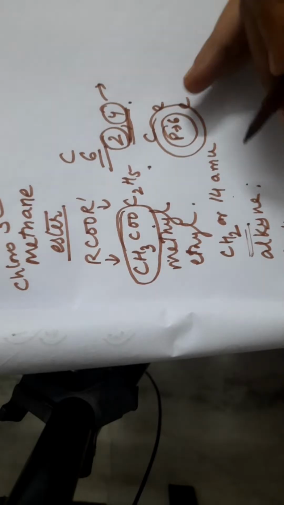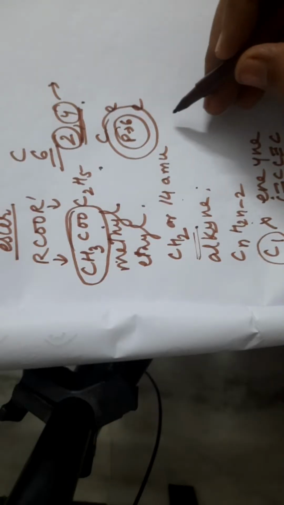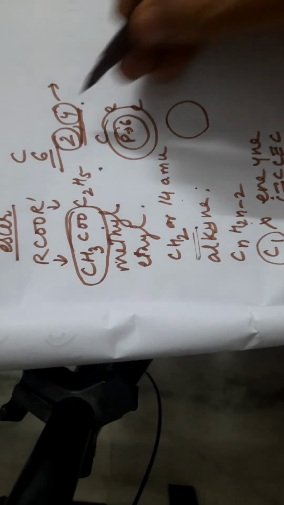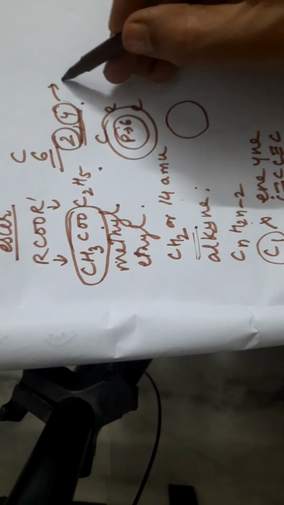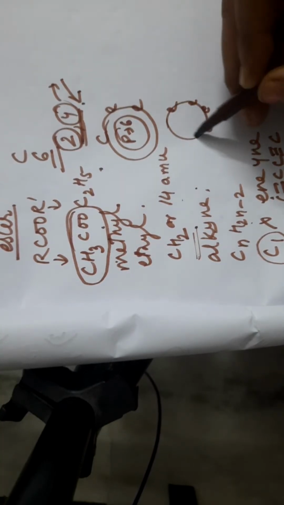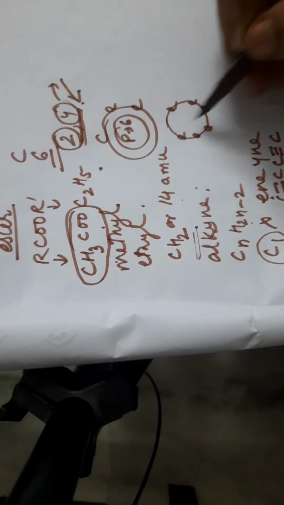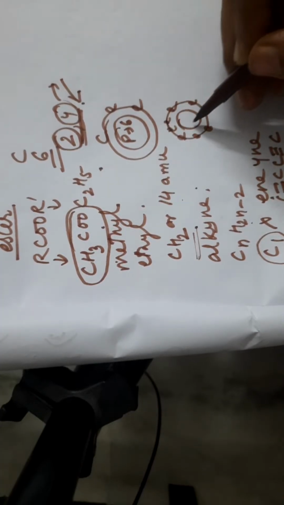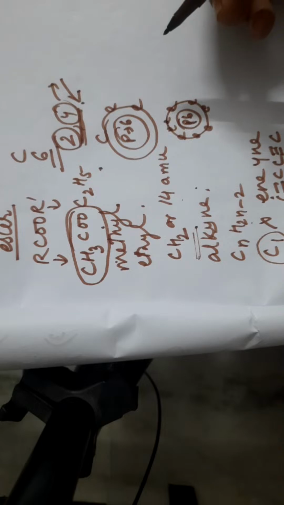And the same way, if it accepts 4 electrons, outside already 4 are there, it will accept 4. So outside there will be 8 electrons, whereas inside the nucleus 6 protons are there. Again there is instability.